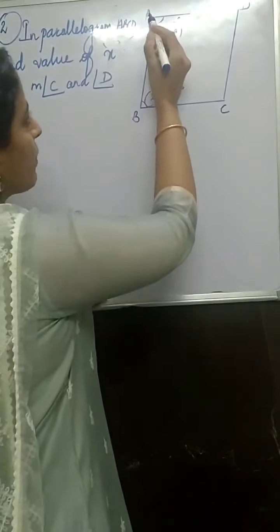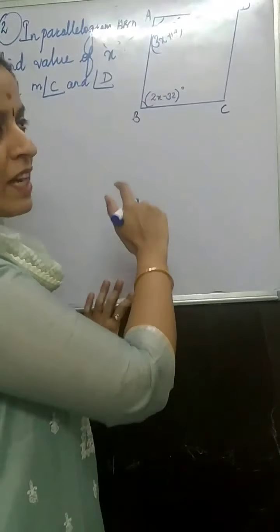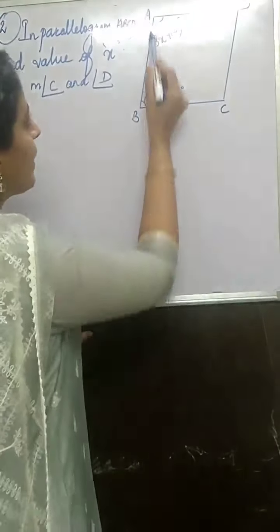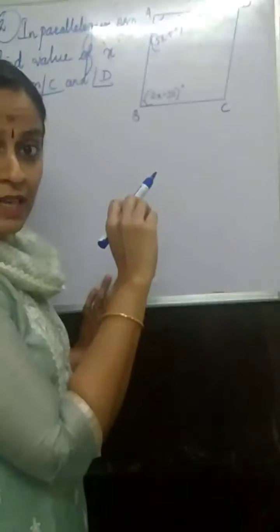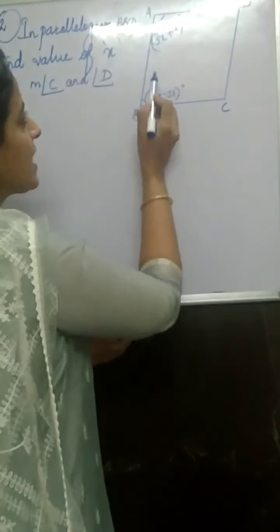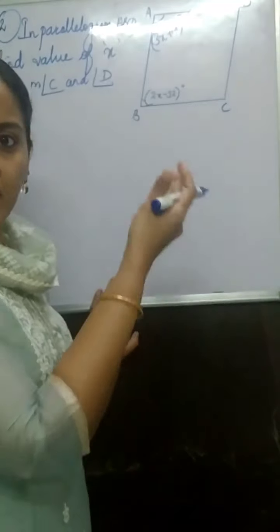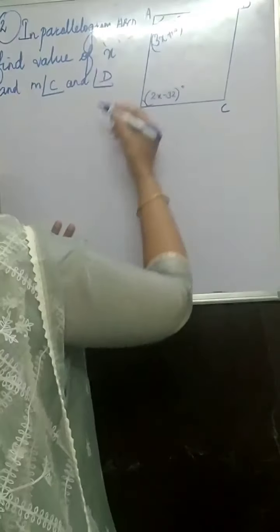What is the relation between angle A and angle B? Angle A and angle B both are adjacent angles of a parallelogram, and in the previous sum, the first sum, we saw that adjacent angles in a parallelogram are supplementary, because they are interior angles. So let us start.